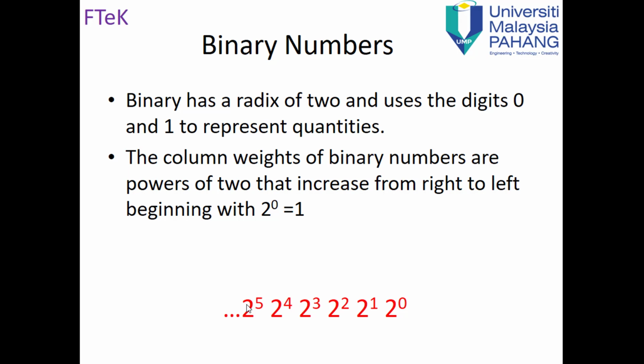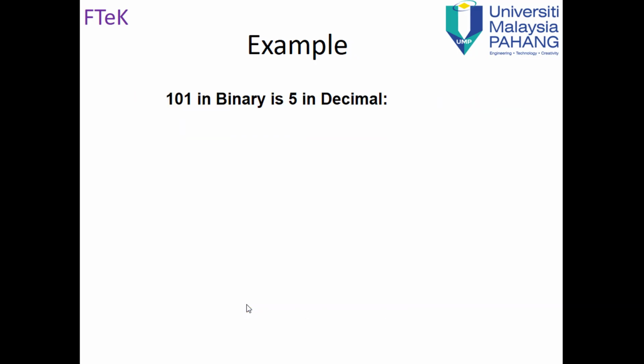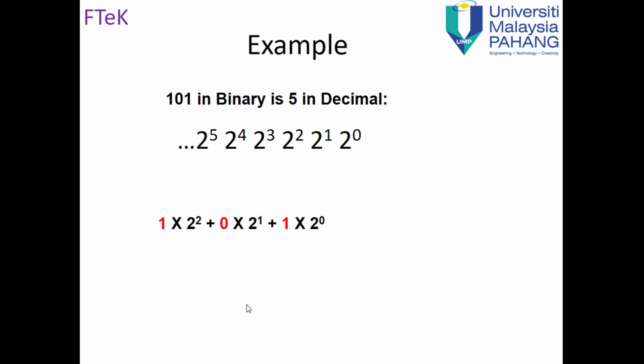The column weights of binary numbers are powers of 2 that increase from right to left, beginning with 2 power 0, which is equal to 1. Let's have one example. We have 101 in binary. It is equal to 5 in decimal. How is this done? We take the series, and the first digit 1 is 1 multiplied by 2 power 0.